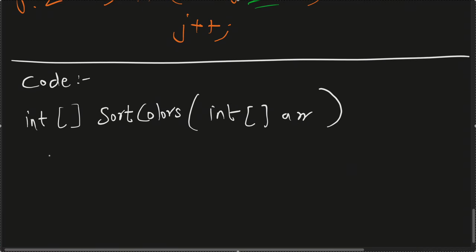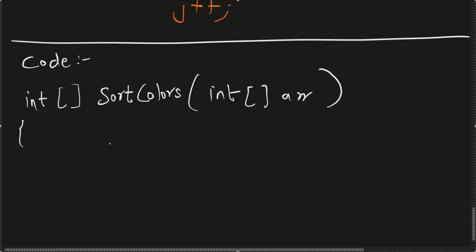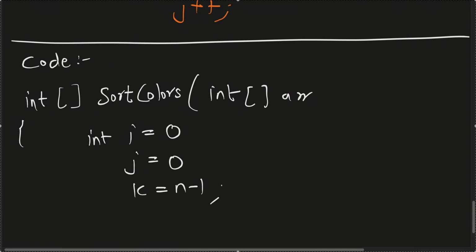It is taking an array, and we will just sort the colors. Now the next thing is we will take 3 pointers: i which is initialized to 0, j which is initialized to 0, and k which is initialized to n minus 1, where I pass n as a parameter, the number of elements, right? This is how you can initialize all the 3 pointers.